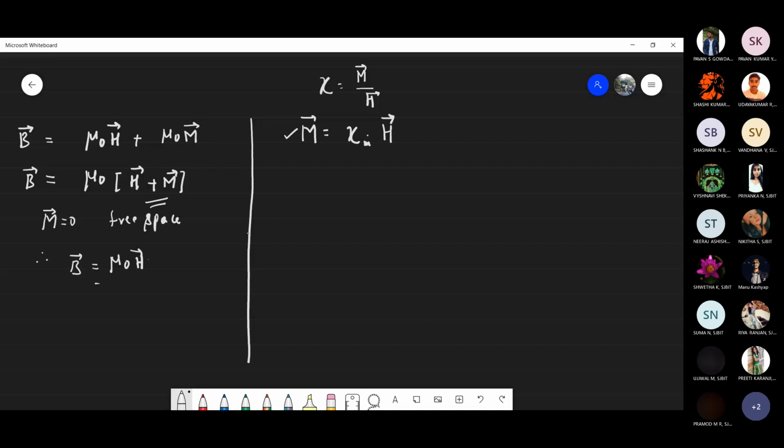So if I substitute this into equation 2, I get B is equal to mu naught (H plus psi H).